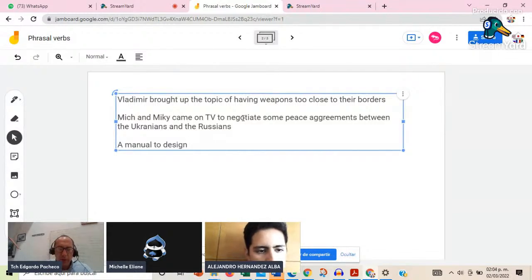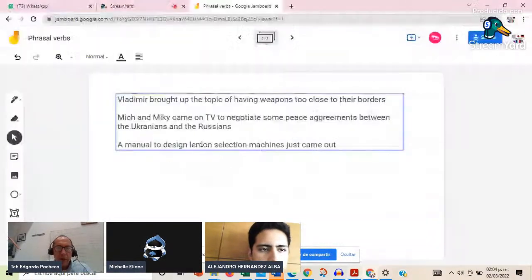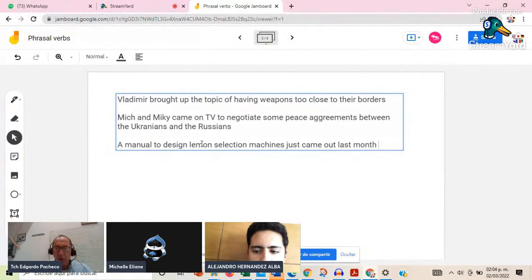A manual to design lemon selection machines. As you can see, came out is here. Came out, published, right? A manual to design lemon selection machines just came out last month.